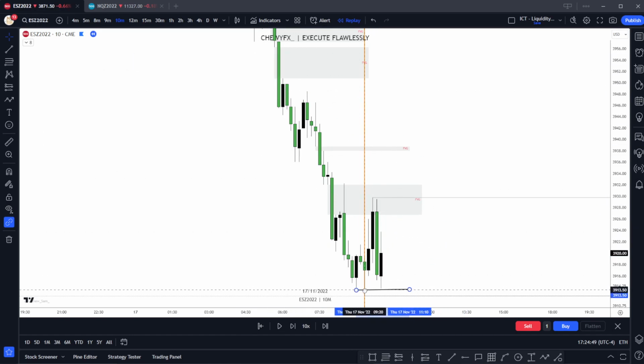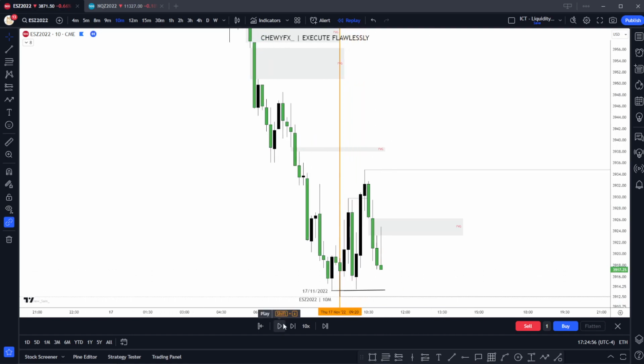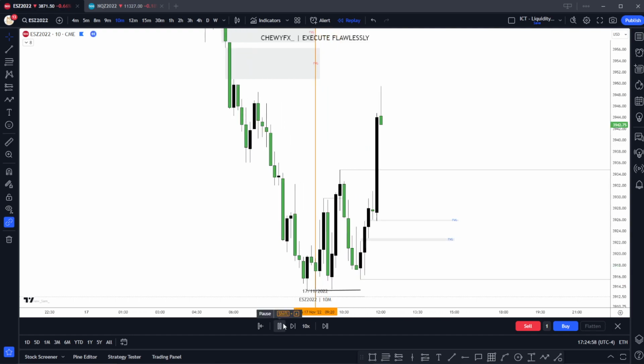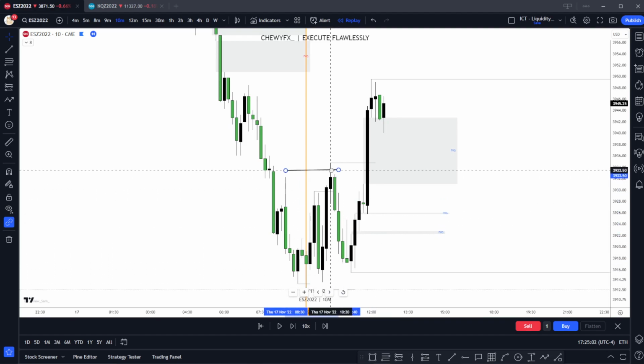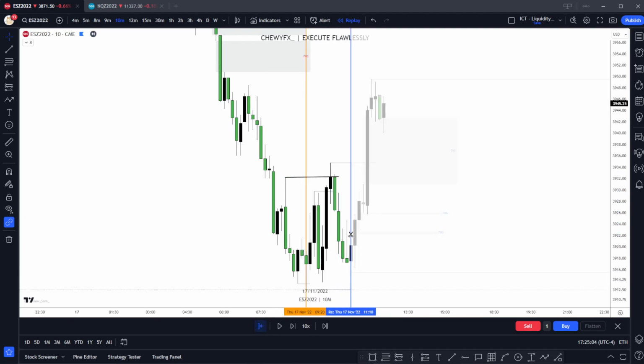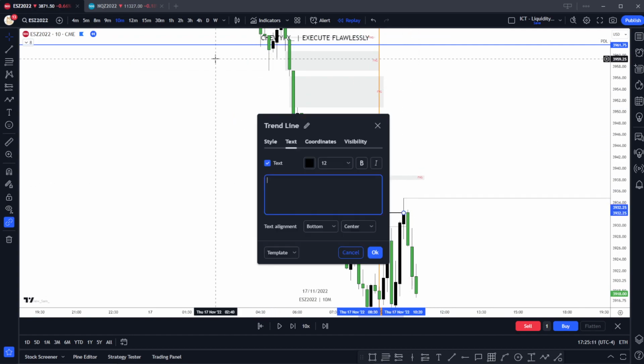Okay, this low looks like it wants to be swept. It's a relative equal low. Our 10-minute MSS. Sorry, I know I really shouldn't be going that fast. I just keep forgetting to pause here.